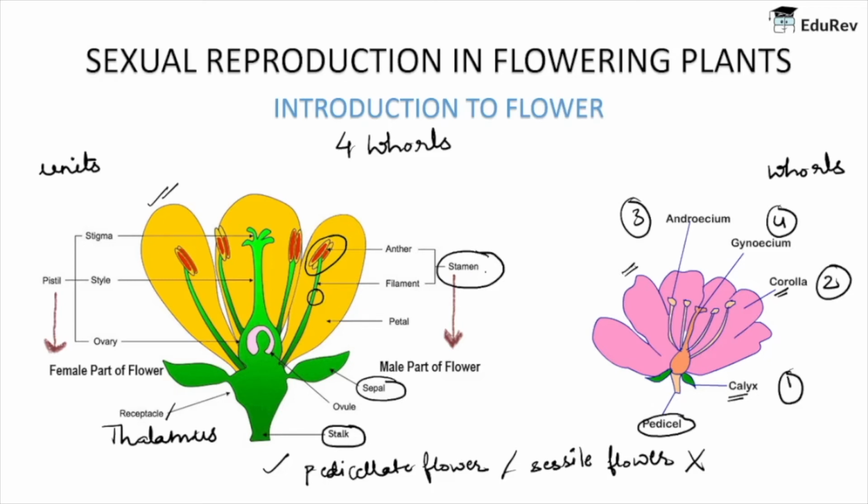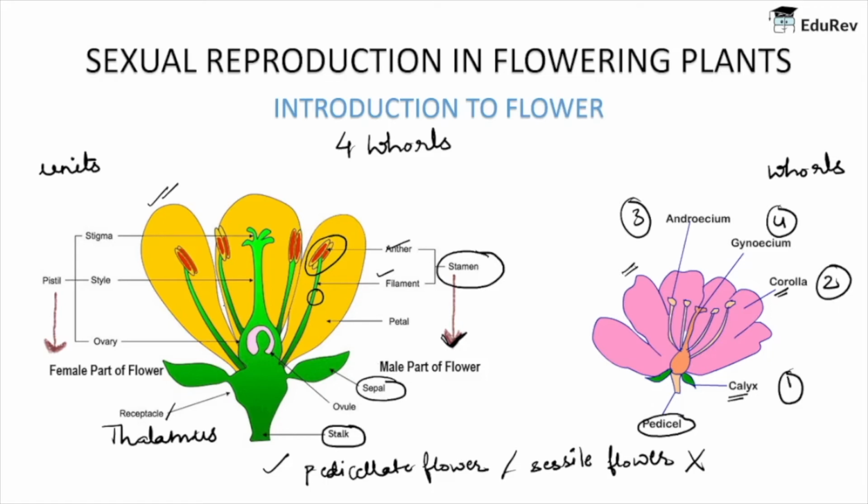So stamen has anther and filament, and it is also considered the male part of the flower. So we can say the collection of stamens is called androecium, which is our third whorl.